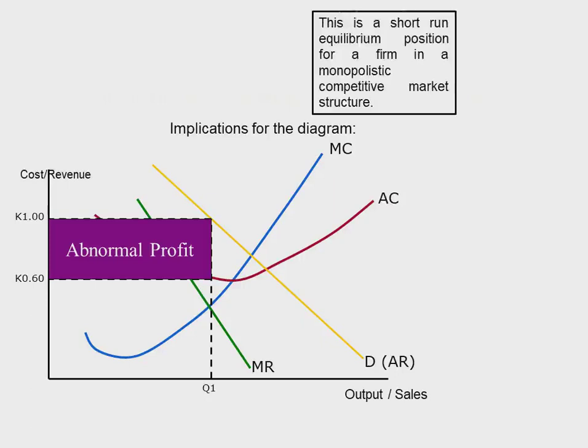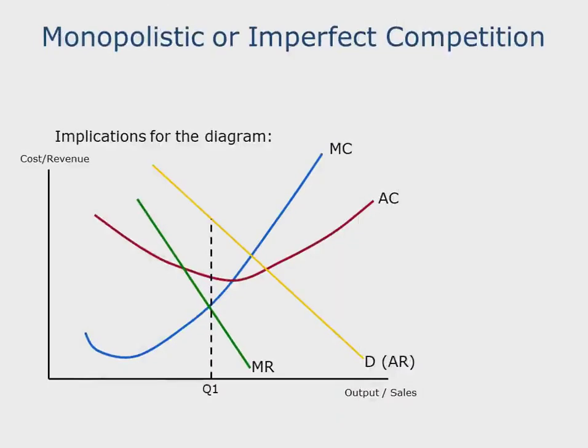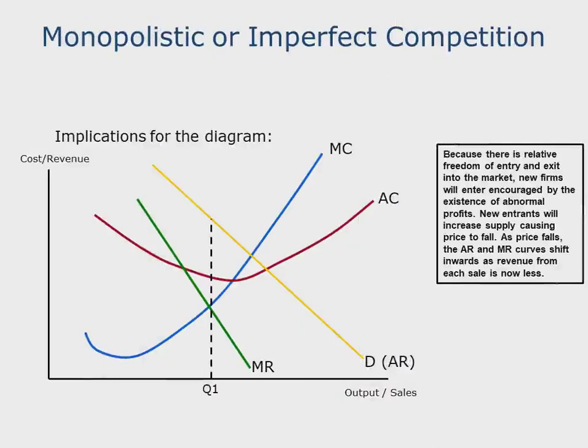So we see therefore that we are in the short run, and if we move away from that, we see that because there is relative freedom of entry and exit into the market, new firms are likely to enter the market, and because of that, we will have implications seen on the demand curve. And the demand curve will shift downwards to average revenue 1, and so will the marginal revenue to marginal revenue 1.